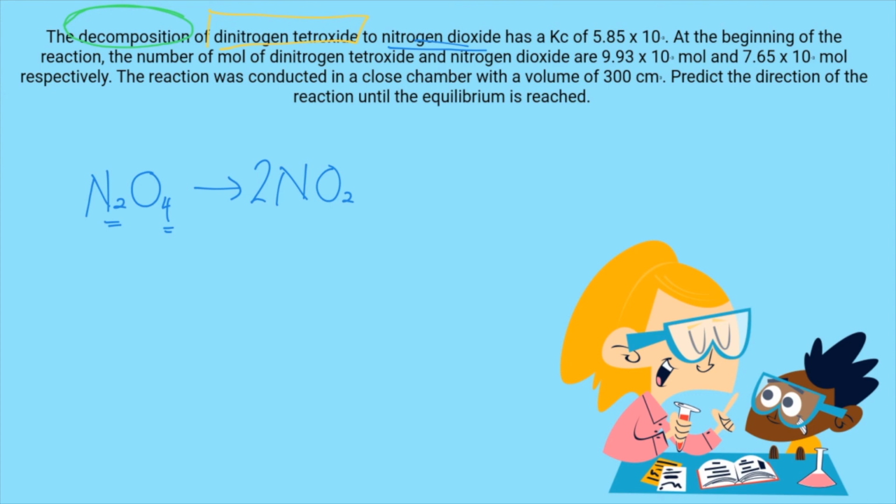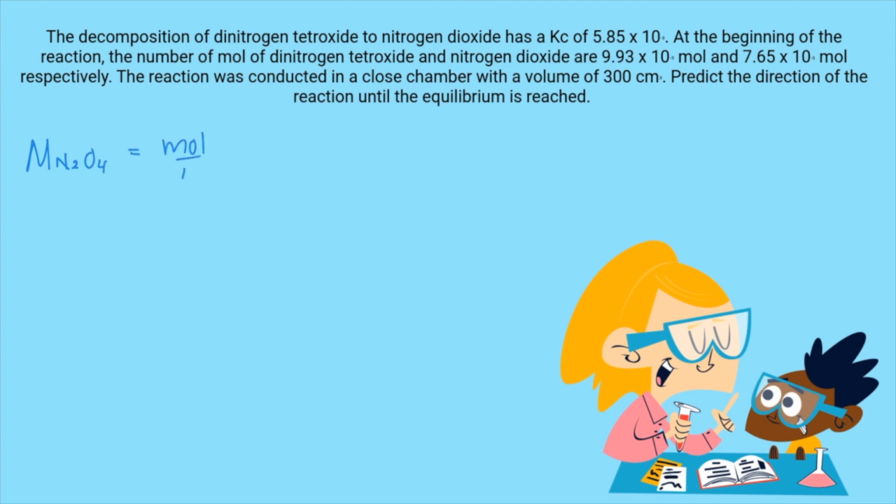So the next thing that you need to do is calculate the molarity of these two substances. We are going to start with the calculation of the molarity of dinitrogen tetraoxide. The molarity is equivalent to the number of moles over liter.